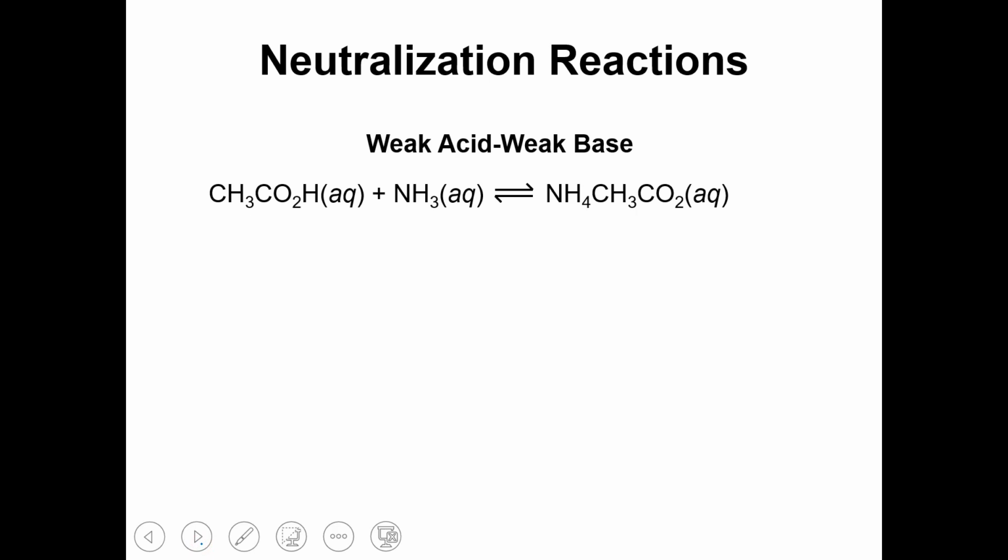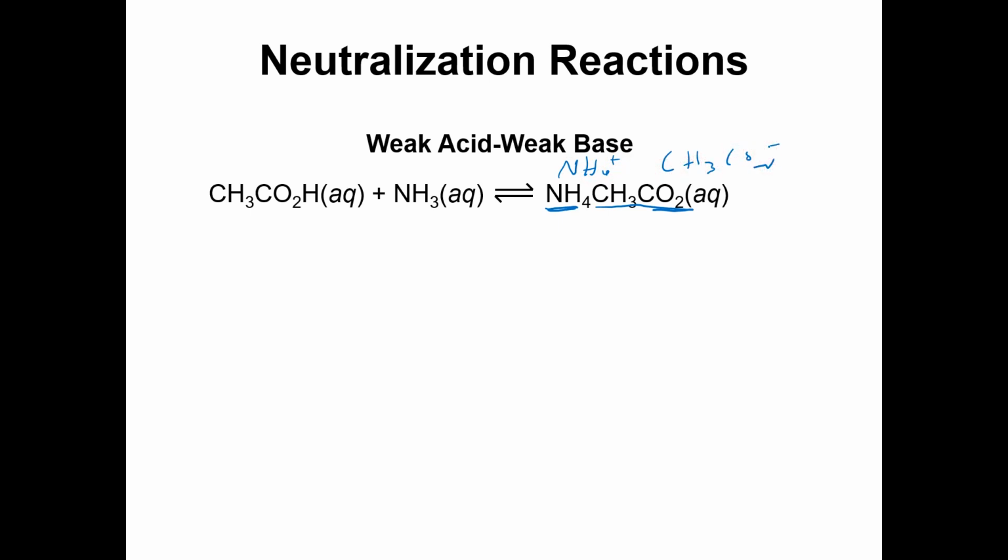Well, what if we now take a reaction where we have a weak acid and a weak base? Our weak acid and our weak base don't dissociate very much in solution. They will dissociate a small amount, but nowhere near enough that we can assume that they would be mostly ions. So the only thing that actually breaks up into its ions is the ammonium acetate here. So we would get NH4 positive ions and CH3CO2 negative ions.